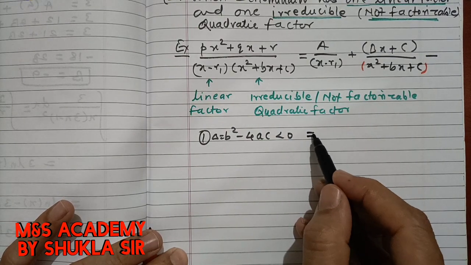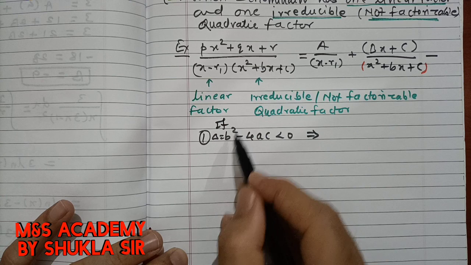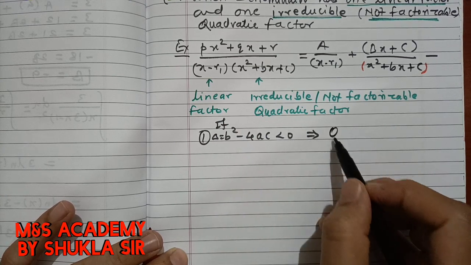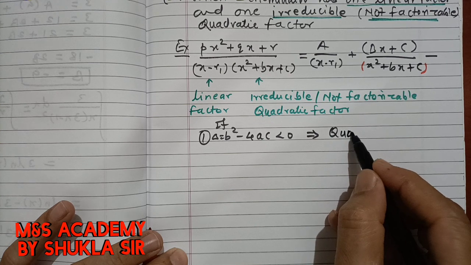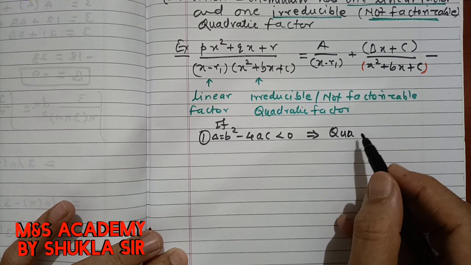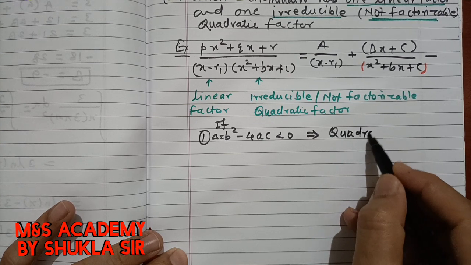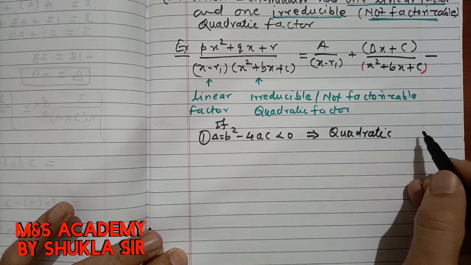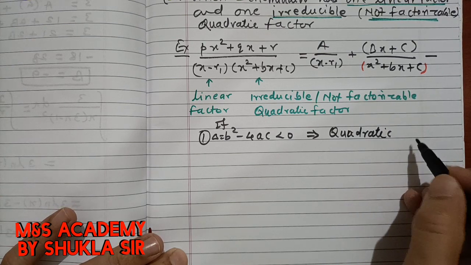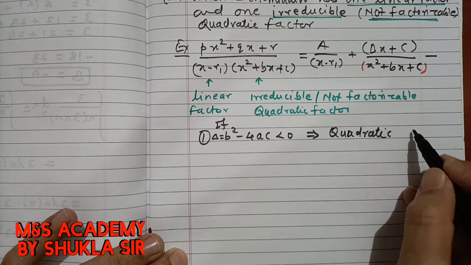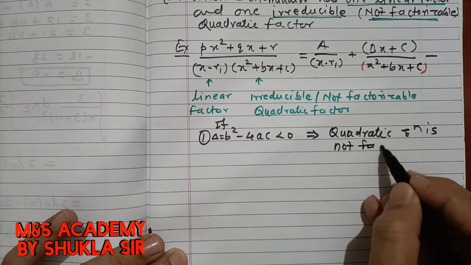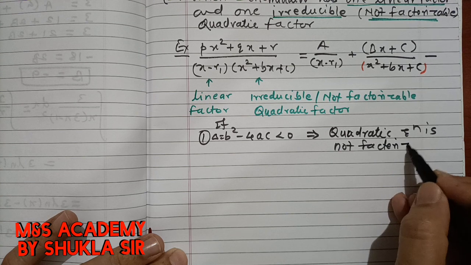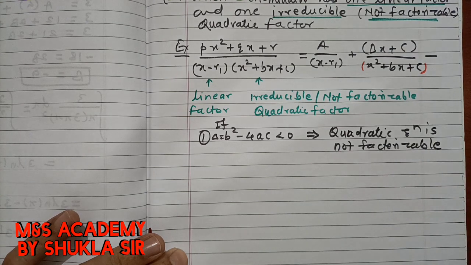This implies that if delta is less than 0, the quadratic function or quadratic equation is not factorizable, or irreducible.